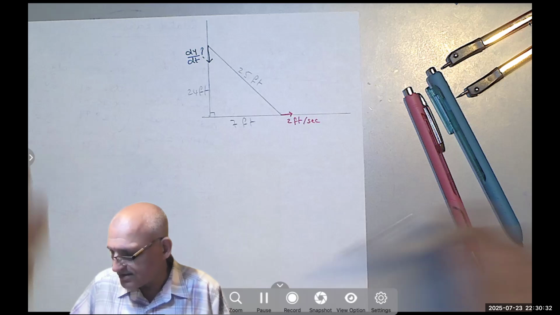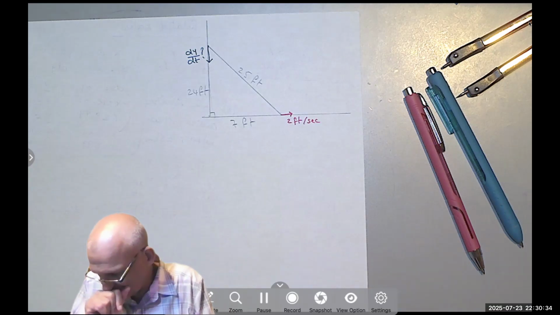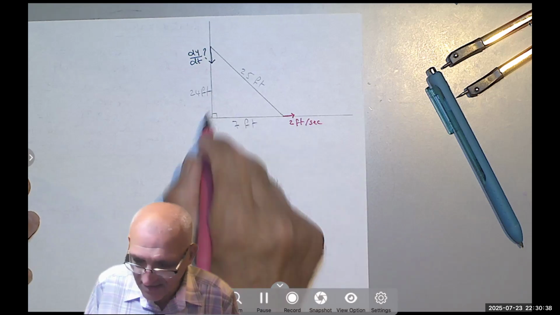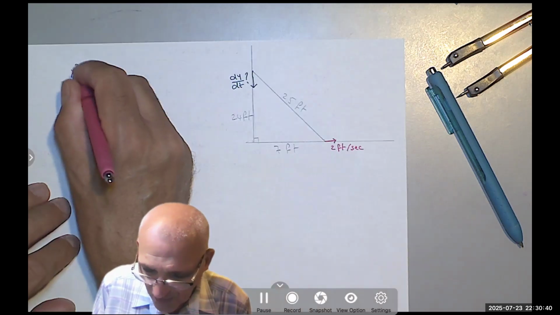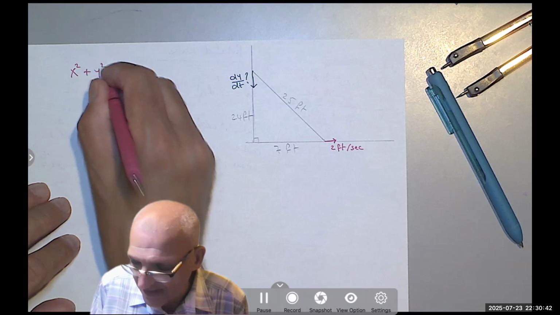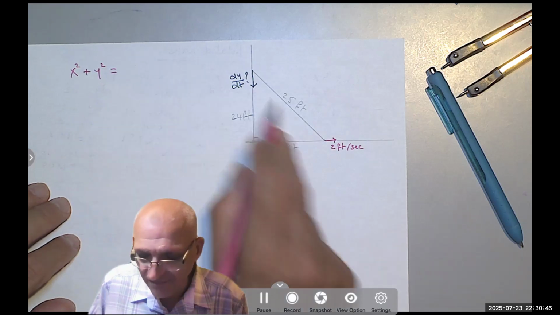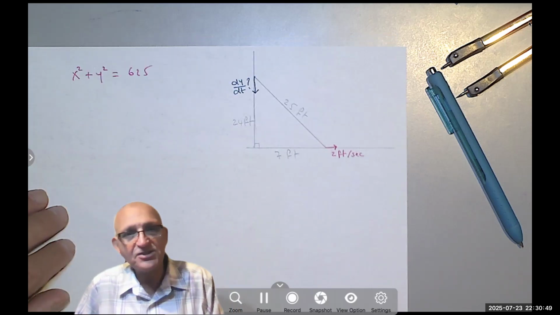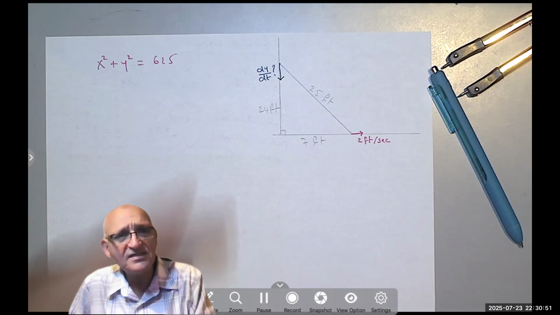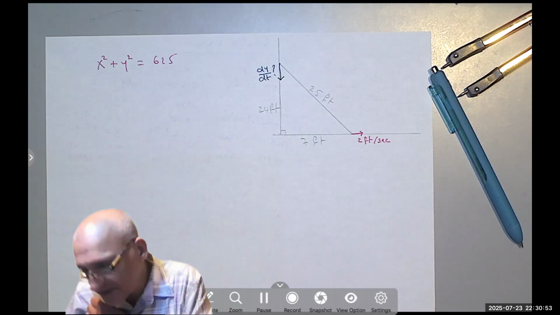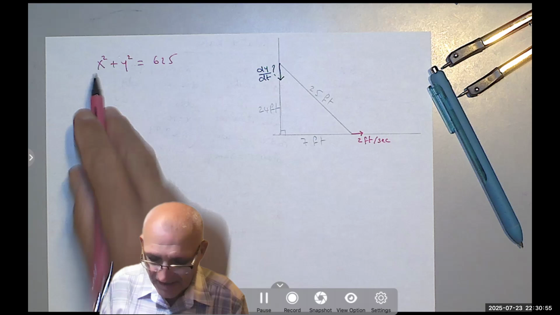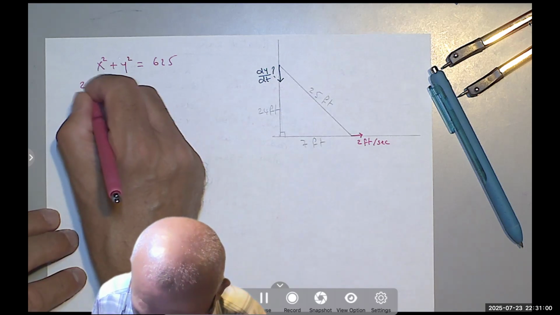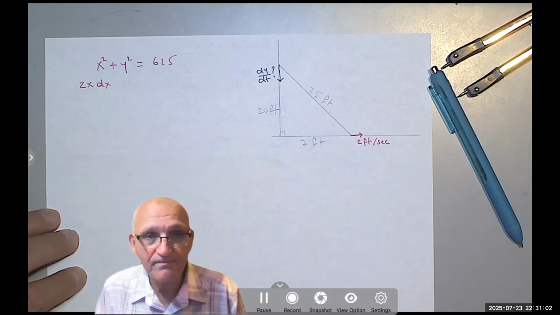So I know that if this is x and this is y, x squared plus y squared equals 25 squared or 625. It doesn't matter how much. Why doesn't it matter? Because if I take the derivatives, this would be 2x dx.